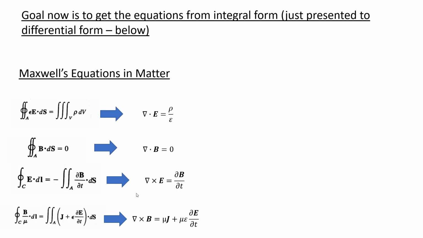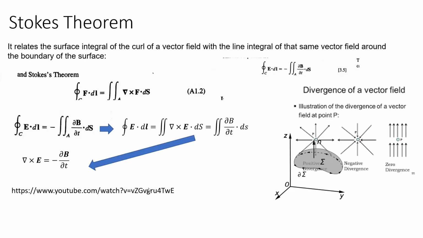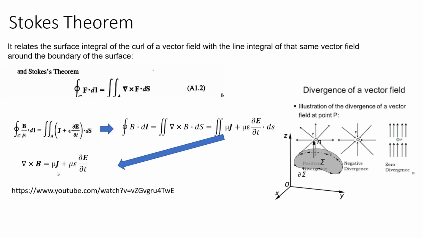This equation, and we're just going to plug this in for this, and that's going to give us the curl of B. F dot dl is equal to the curl of F, so B dot dl is equal to the curl of B, which we also know is equal to this expression here from the experiment. So once again, if the integrals are equal, then what's inside the integral is also equal. So the curl of B is equal to mu j plus this expression.